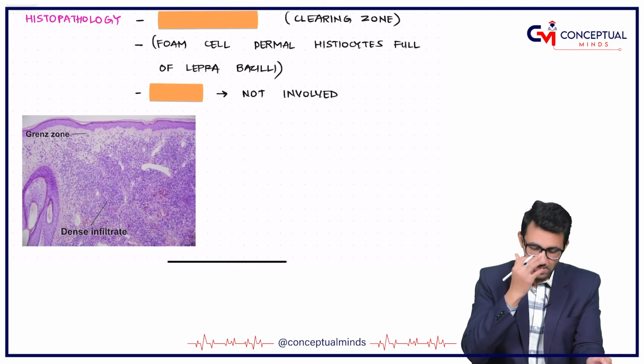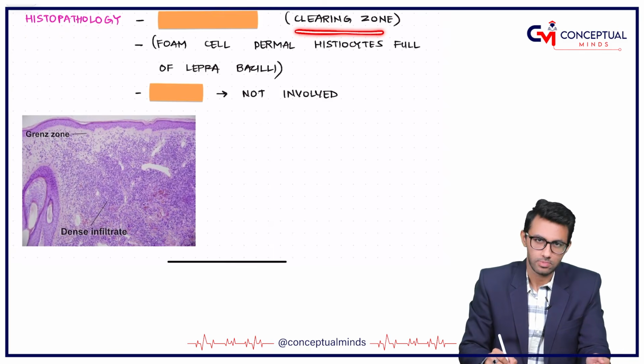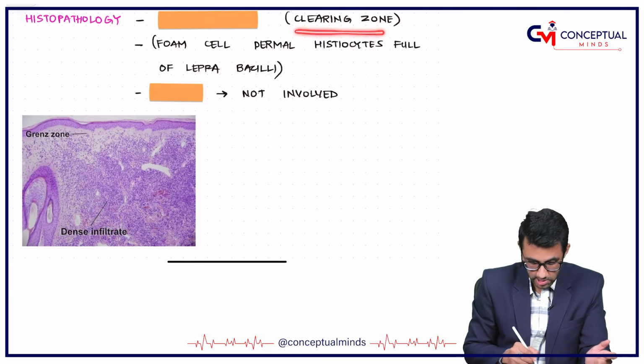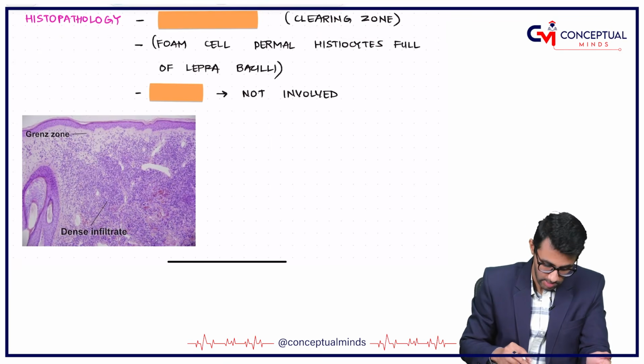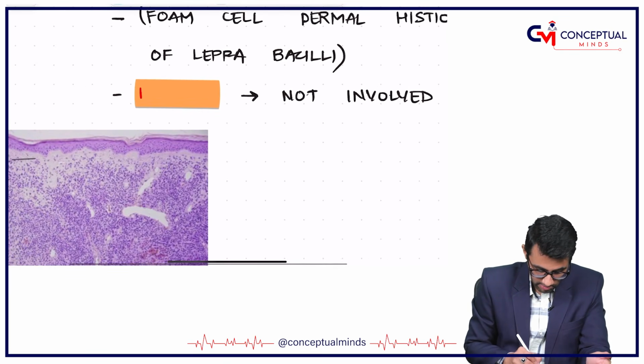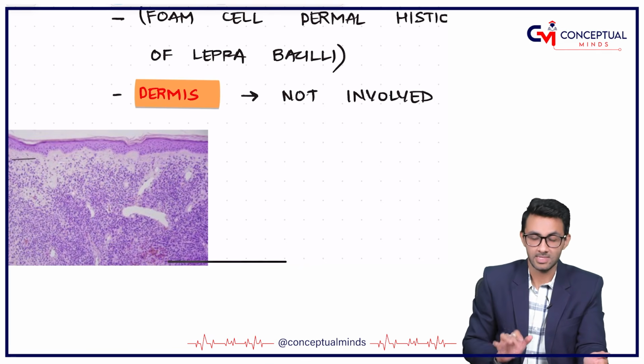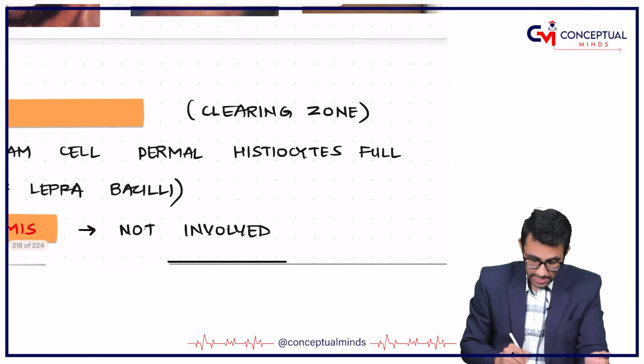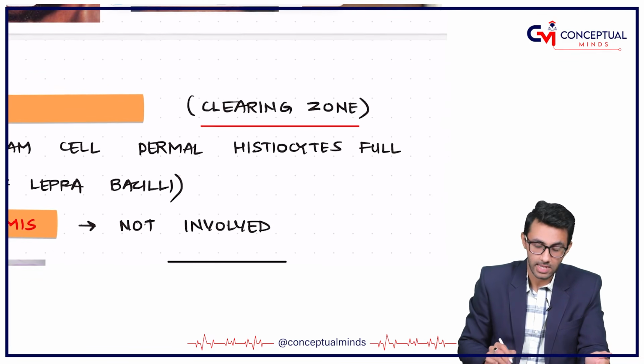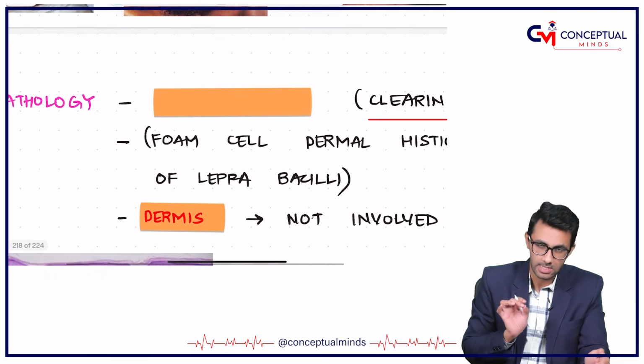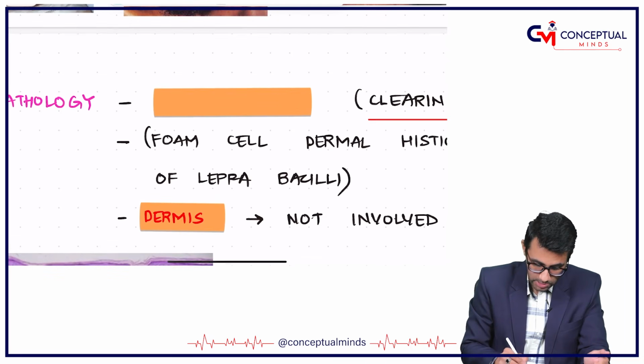There is something called a clearing zone. Why? Because the dermis is not involved. Because of this one point, we can see something known as the clearing zone, and the clearing zone is called the Grenz zone.